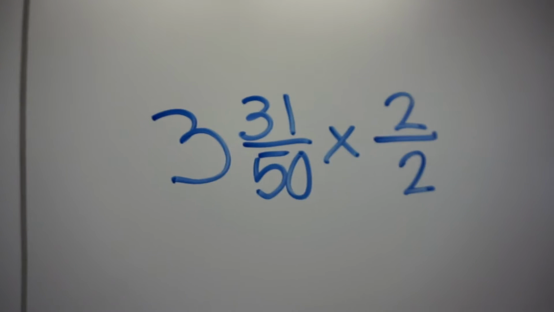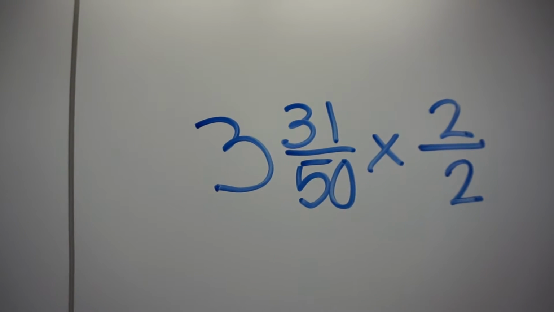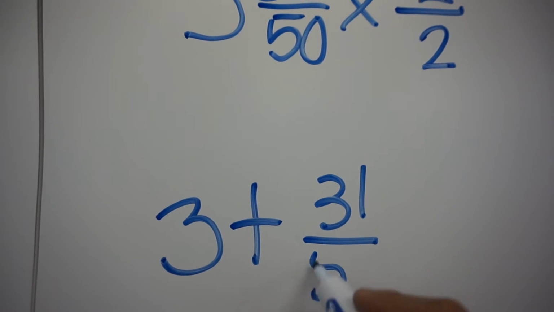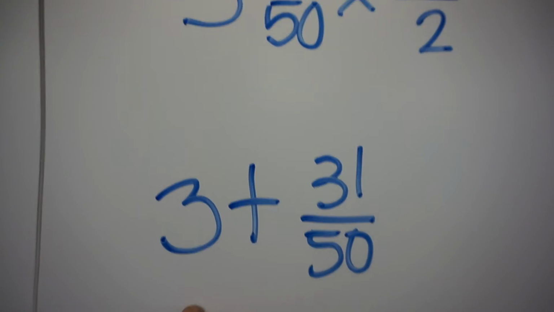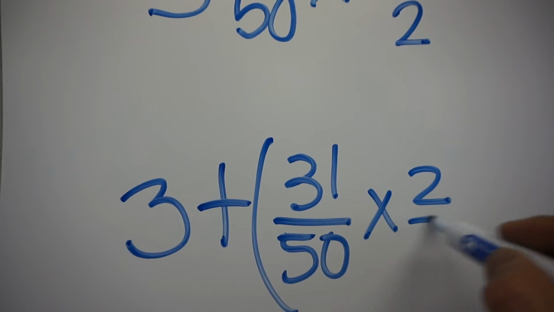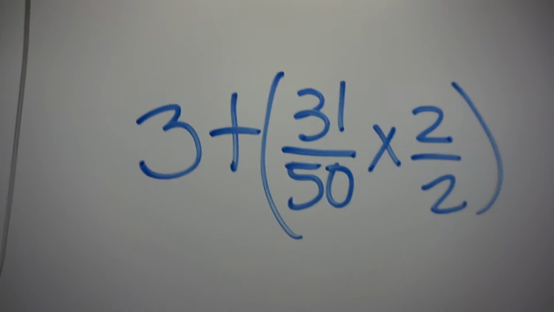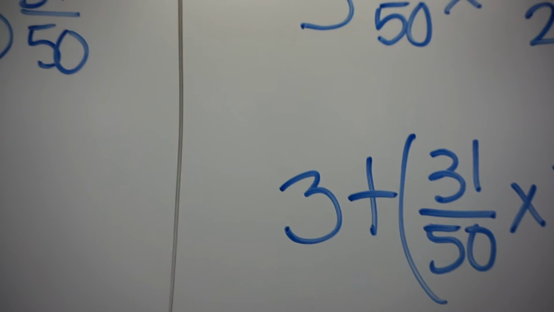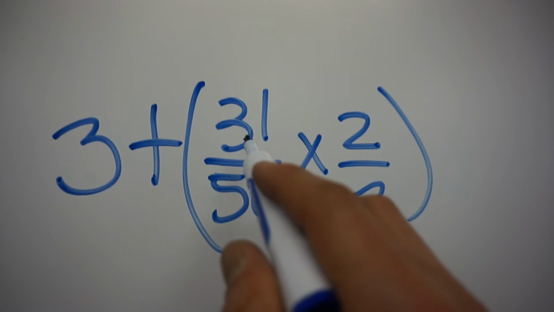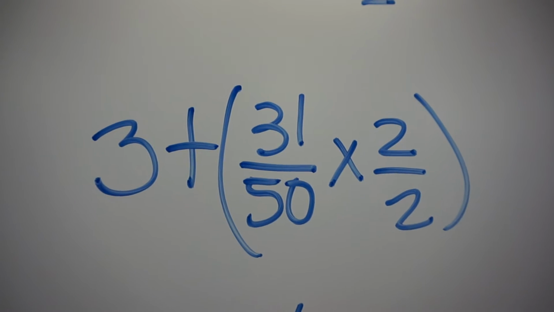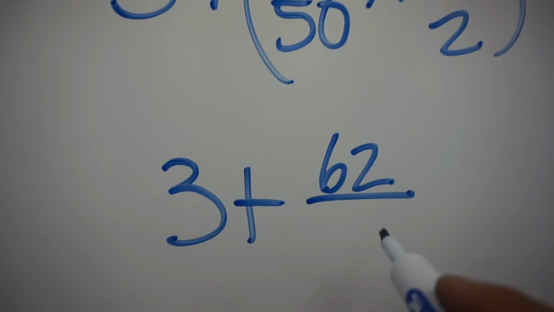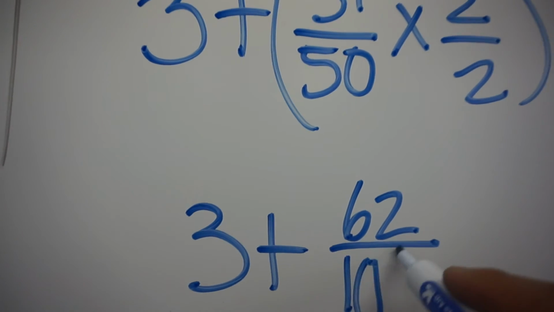Okay, so let me do something here so you can understand this. So let's do this: 3 plus 31/50. Let me focus here. So we separated the whole number from the fraction, times 2 over 2, my friends. Do you see that? Now when you multiply this, it's going to be 3 plus, and you multiply 31 times 2 equals 62, and 50 times 2 equals 100.